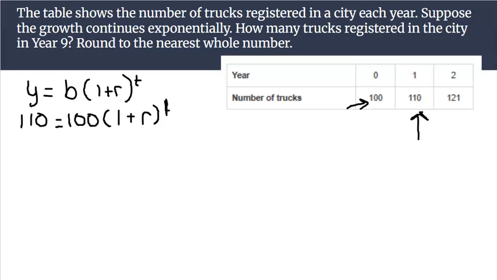We're going to divide both sides by 100. 110 divided by 100 is 1.1.